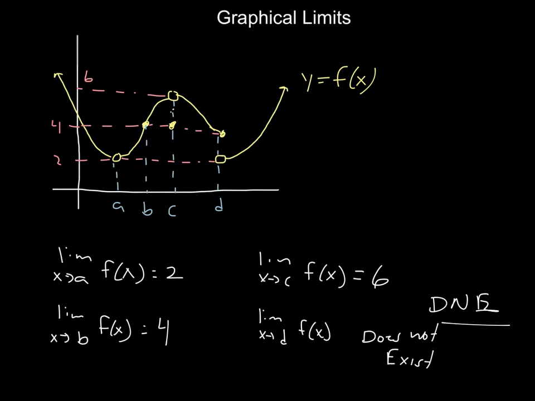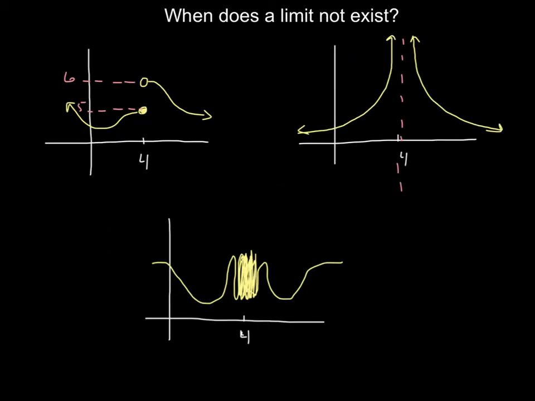So that gets us a look at one of the things that can happen when a limit doesn't exist. Here we're looking at some pictures where a limit doesn't exist. We already have one, very similar to this, where we have what's called a step discontinuity. Again, we're approaching two different values. As we come from the left, we're going to 5. As we come from the right, we're going to 6, as x gets closer to 4.